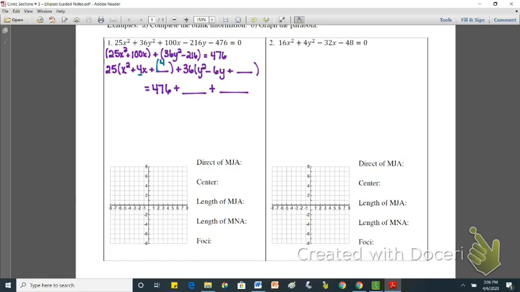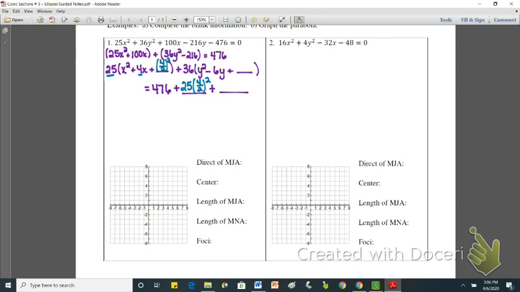We always look at our b value, so it's b over 2 squared. I'm going to put that in the blank on the other side. But did I add just one copy of that? No. I added 25 copies of it, so I need to bring that 25 over to the other side too, because I didn't just add one copy of it, I added 25.